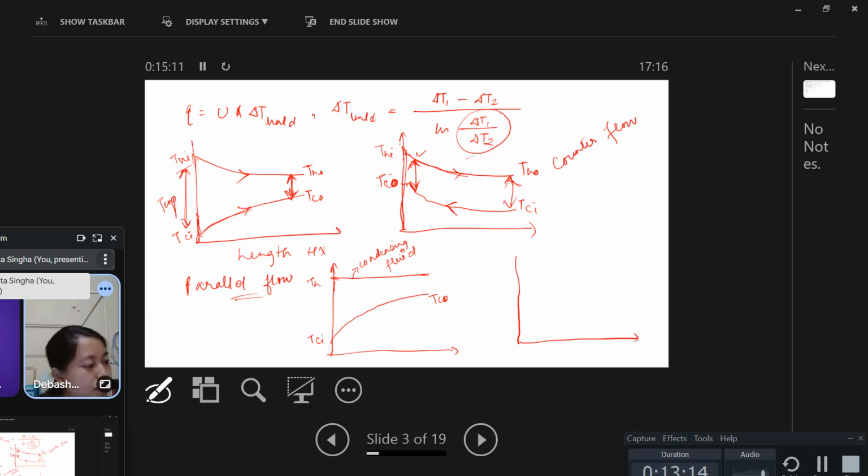For boiling, the temperature of the cold fluid remains constant, Tc. This fluid is the boiling fluid.